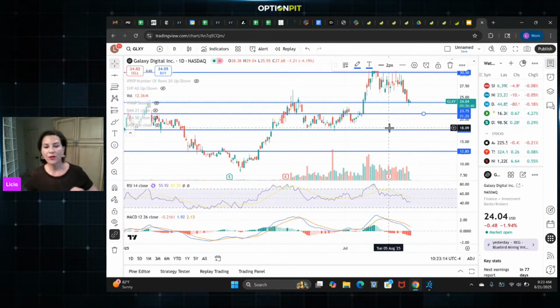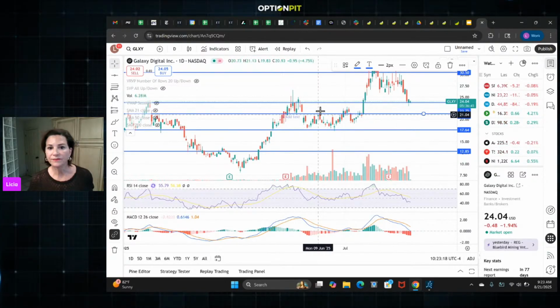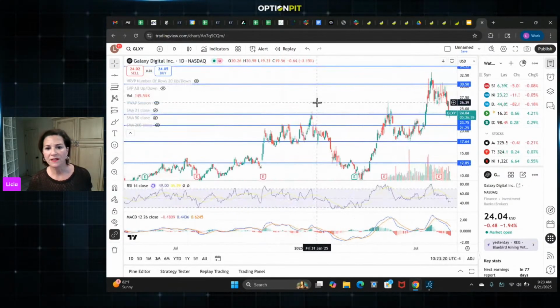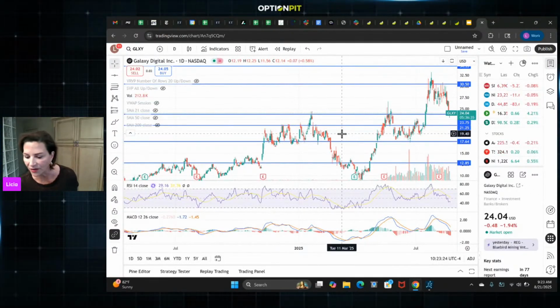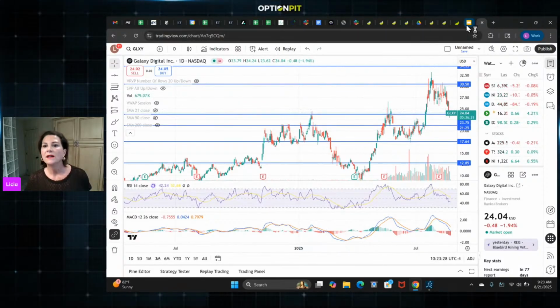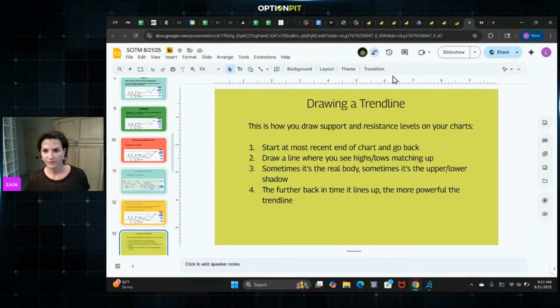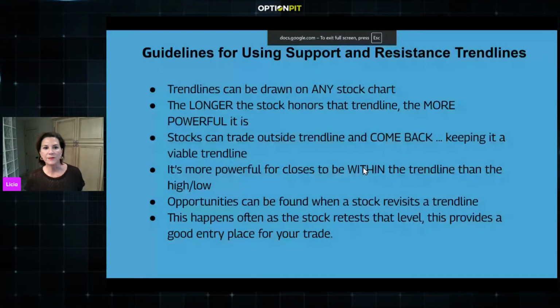Opportunity, buy it or sell it, or buy puts or buy calls. And so simple, so simple. The more times the stock honors that level, the more powerful is your trend line. I recommend you start using them today.